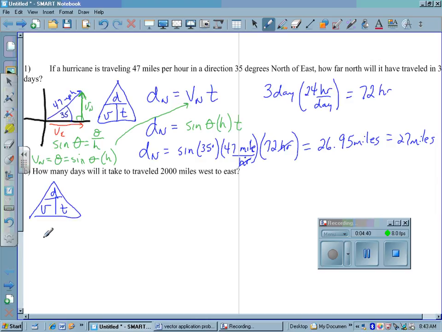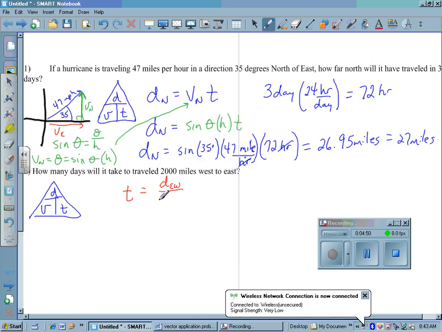Okay. So I'm going to write down my formula for how many days: t equals distance in the east-west direction. I'm just going to put an EW for east-west direction, over the velocity in the east-west direction. So if you come back up here, if you notice now, you're wanting to find the adjacent side of this right triangle.